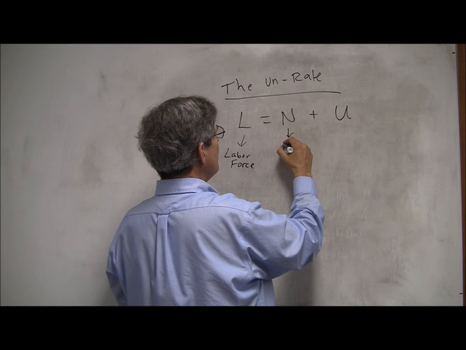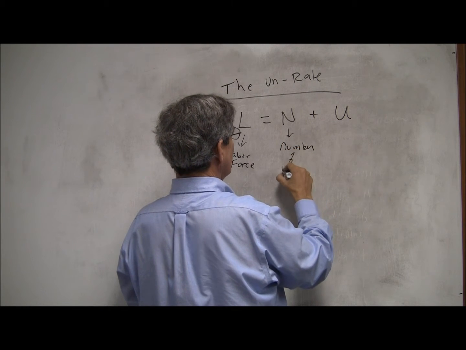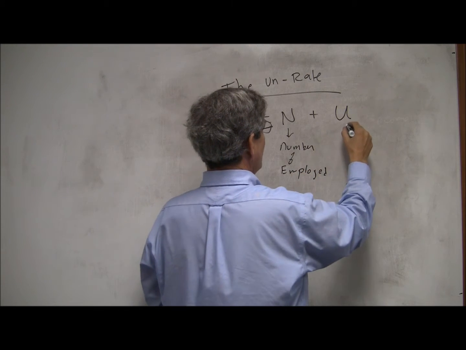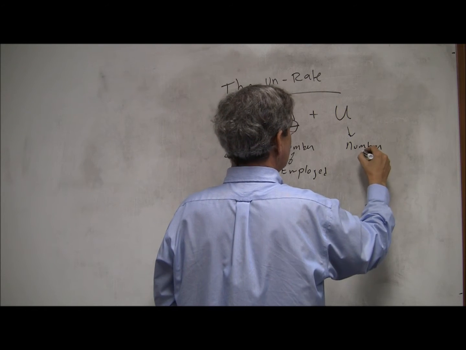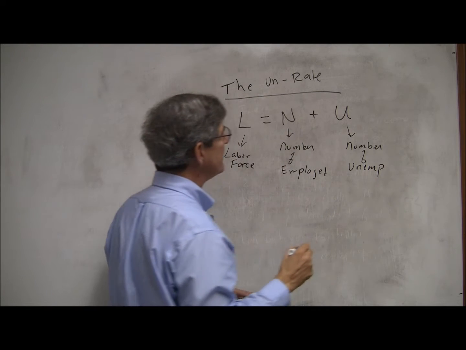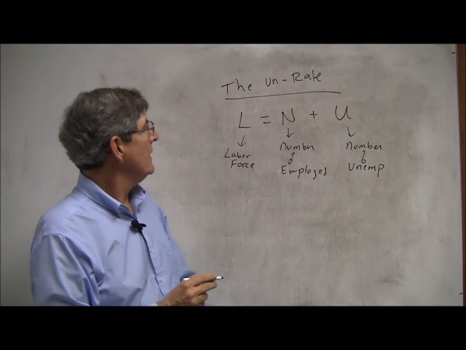N is the number of people that are employed. And U is the number of people that are unemployed. It's not the unemployment rate. It's not a percentage or anything like that. It's just purely the number that are unemployed.